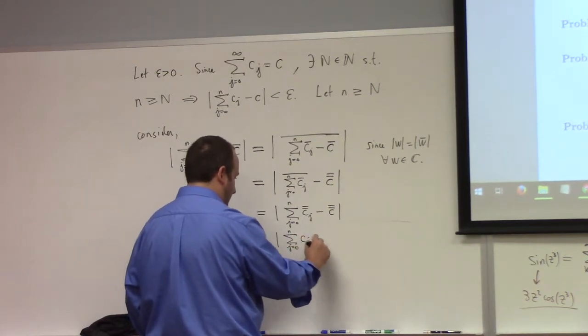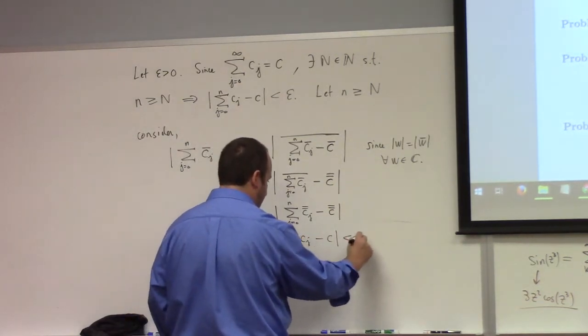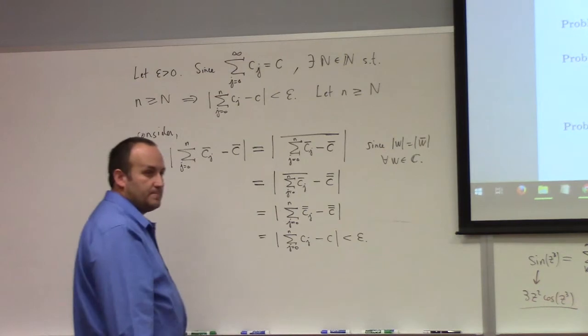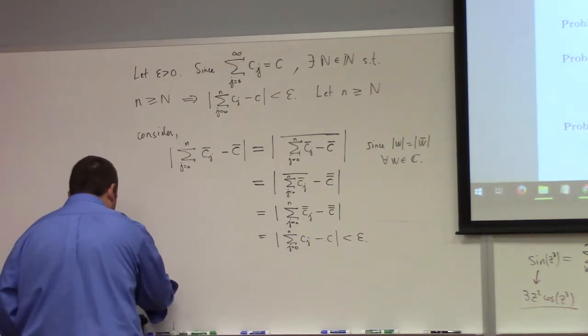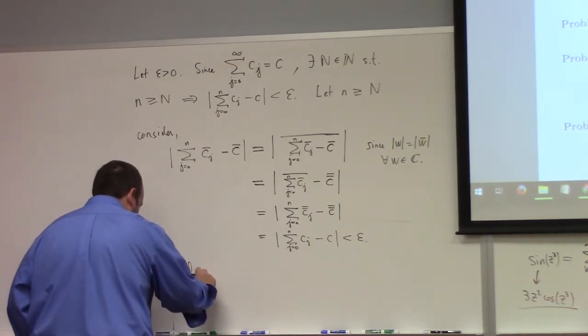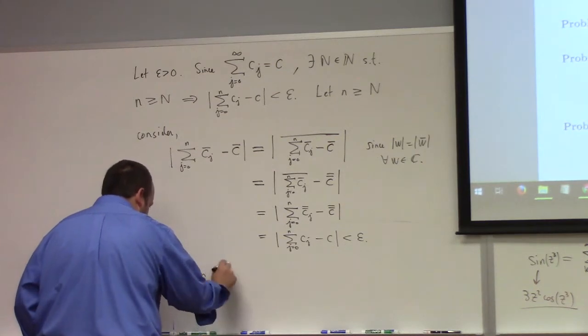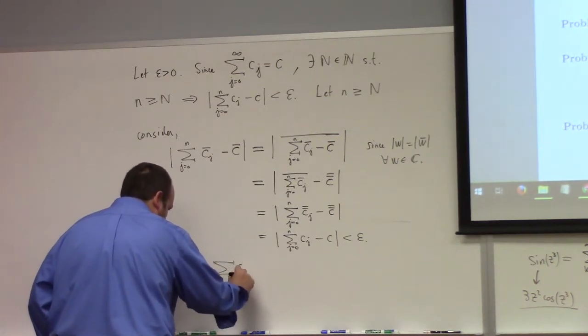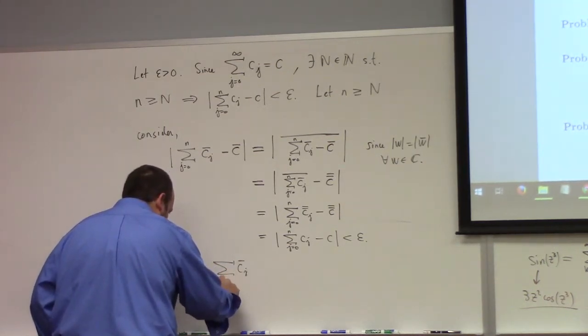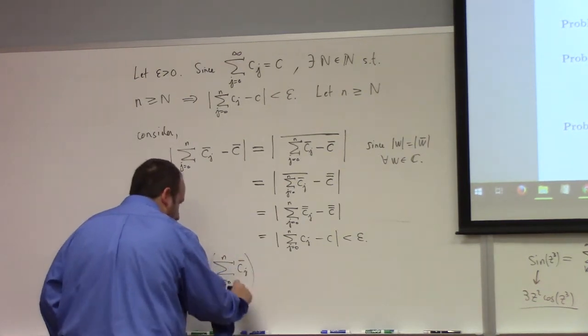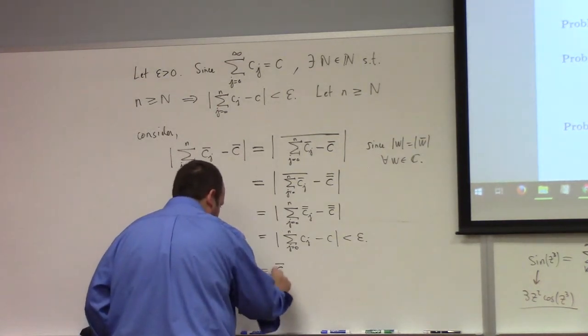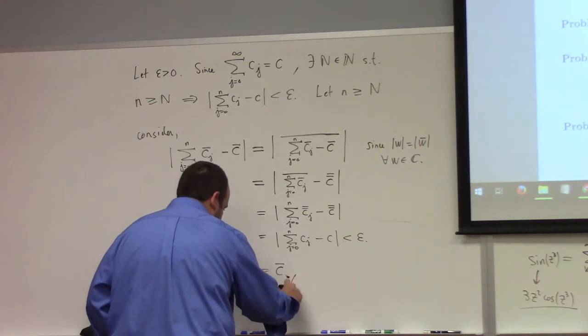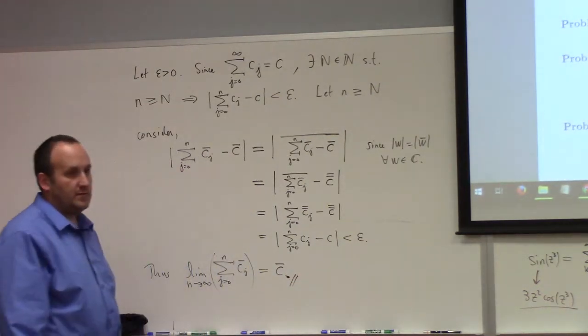And so you get c_j minus C, which, by the way, is less than epsilon. So therefore, the limit as n goes to infinity of the nth partial sum of the conjugate series is equal to C conjugate, which is exactly what we set out to prove.